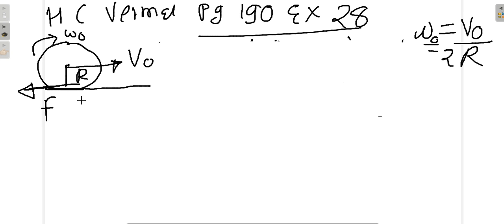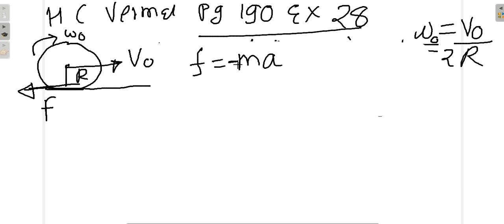You can see that the only force acting is the force of friction F. So this force of friction is going to produce an acceleration. So I am going to write here F is equal to ma. But please note that this is a deceleration because it is opposite to the motion. So I have to write it as minus ma, or your acceleration is negative.